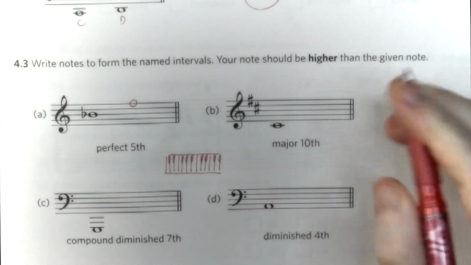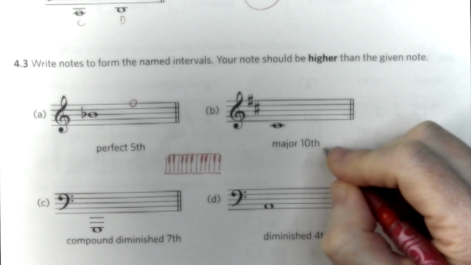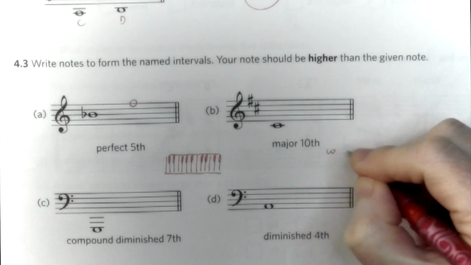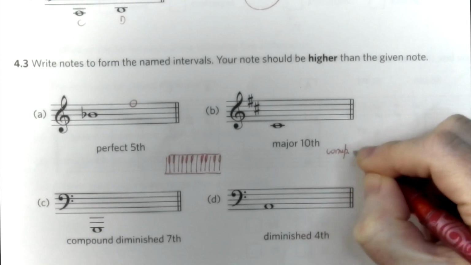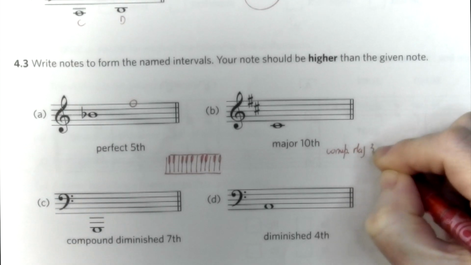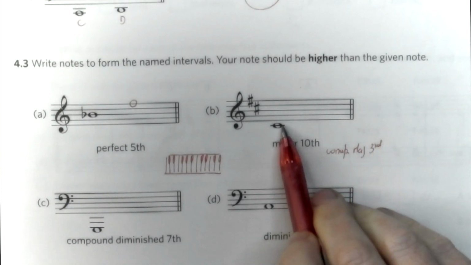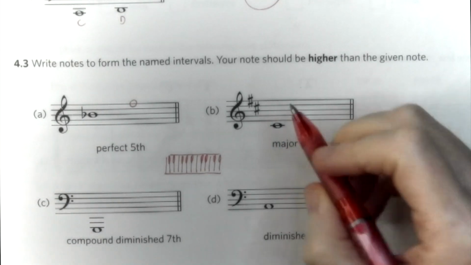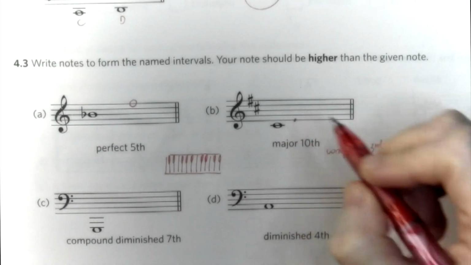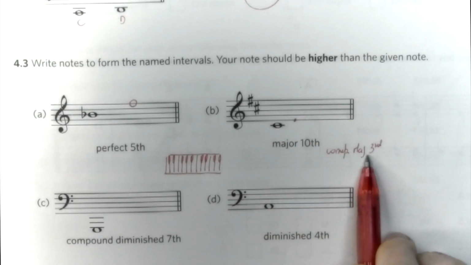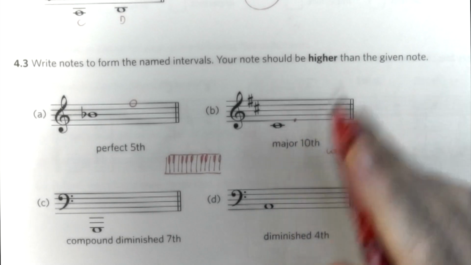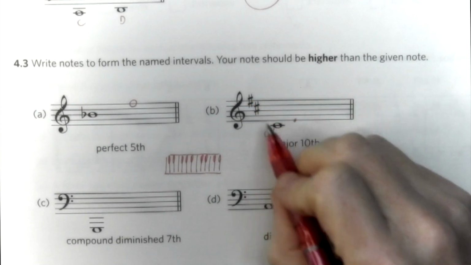A major tenth. Now 10 minus 7 equals third, so a compound major third. Okay, we write first the simple interval and then we make it compound. A major third from do sharp.